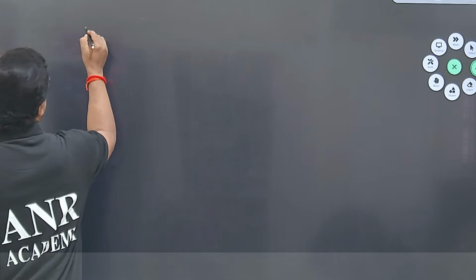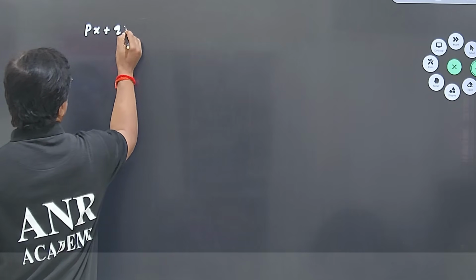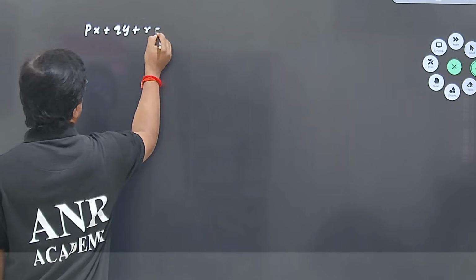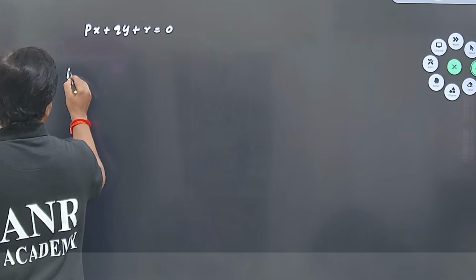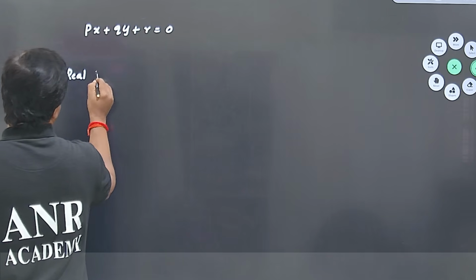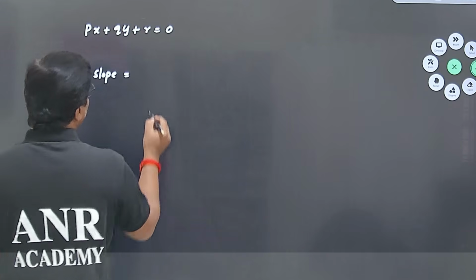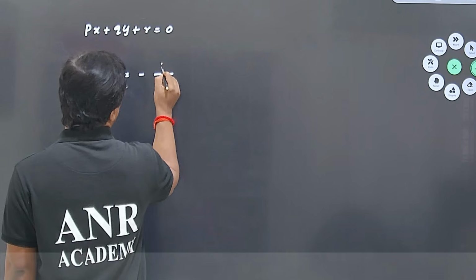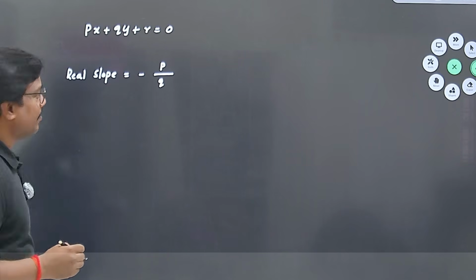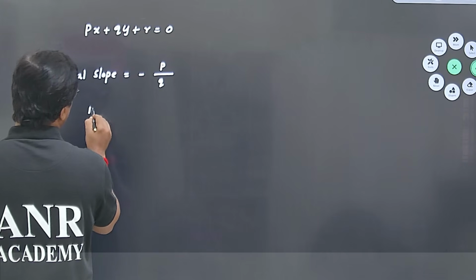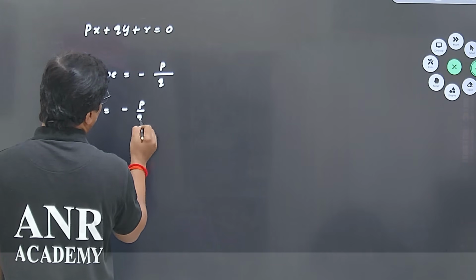First, in the real system, the equation of the line is px plus qy plus r equal to 0, then we know that the real slope equals minus coefficient of x divided by coefficient of y. This is the real slope, usually denoted by m, minus p divided by q.